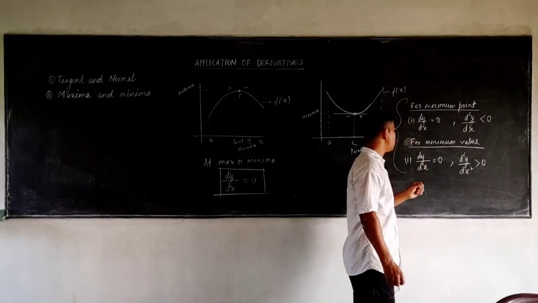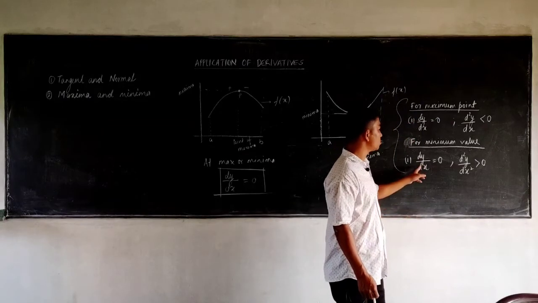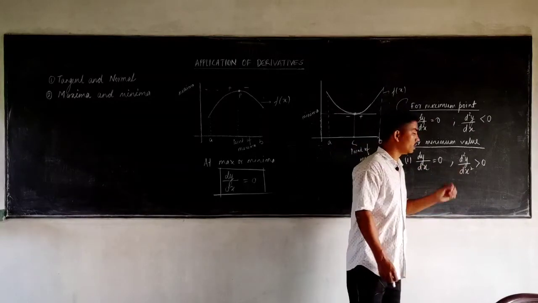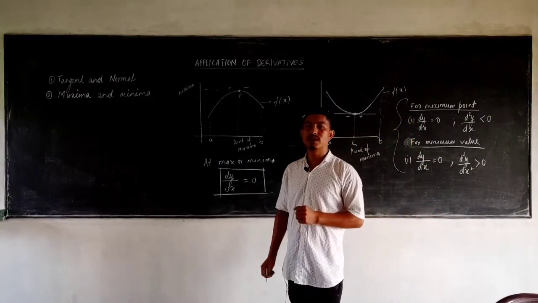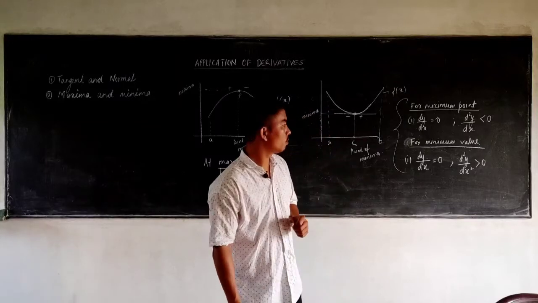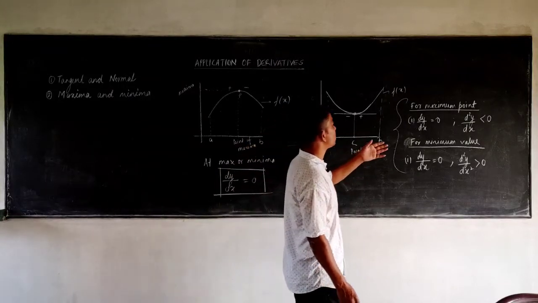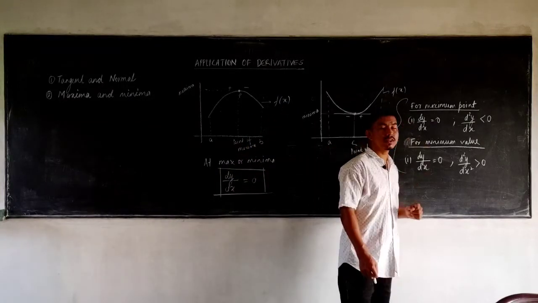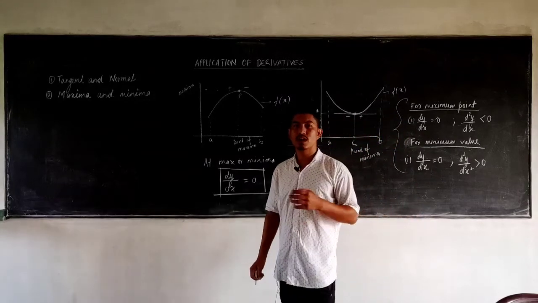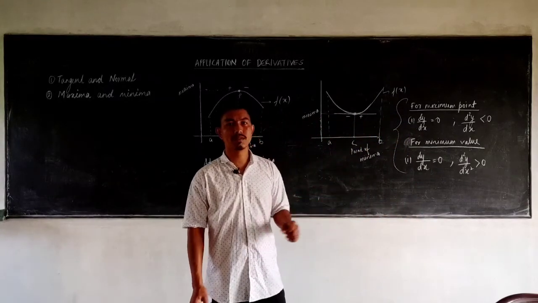And for a minimum value, the first order derivative will be equal to 0 and the second order derivative will always give a value greater than 0. So these are the two important conditions to know whether a function is at a maximum or a minimum at a given point.